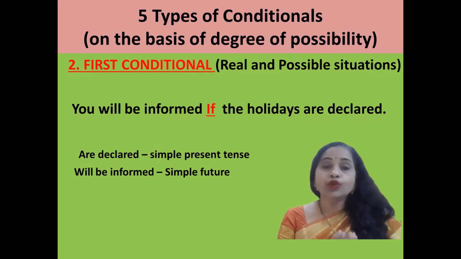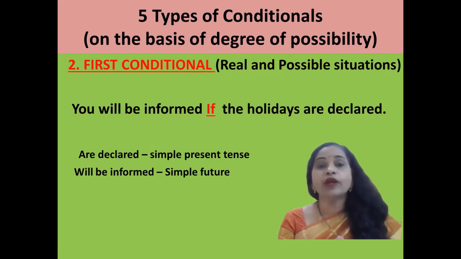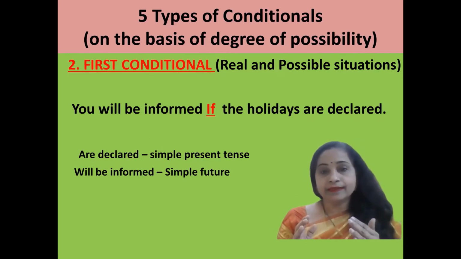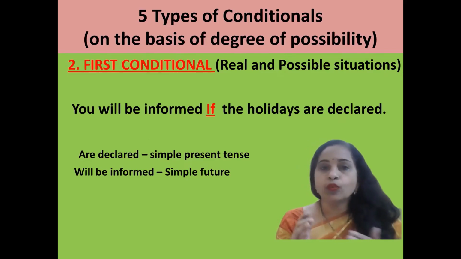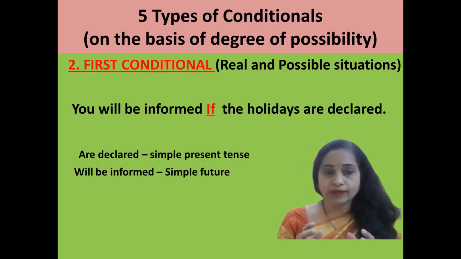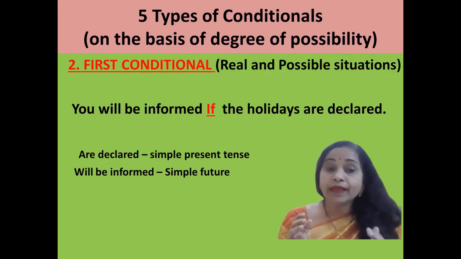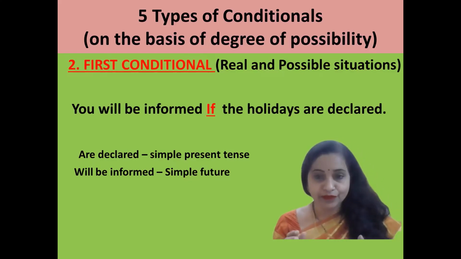For example, you will be informed if the holidays are declared. So you will be informed is the main clause. If the holidays are declared is the if clause. And look at the verbs in these two types of clauses. Are declared is in simple present tense. Will be informed is in simple future tense.